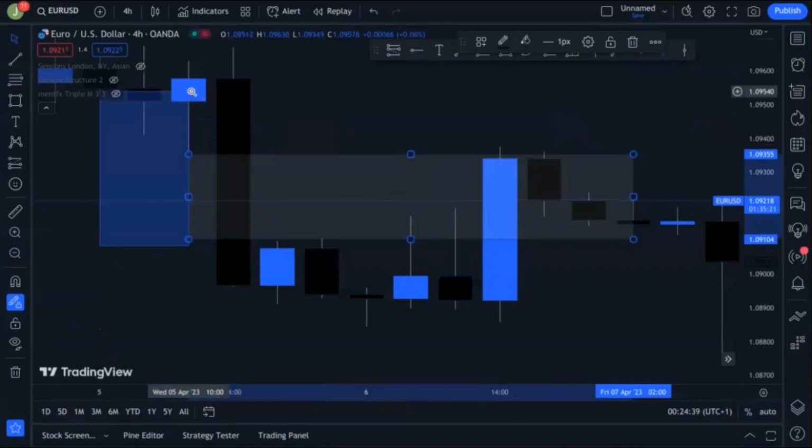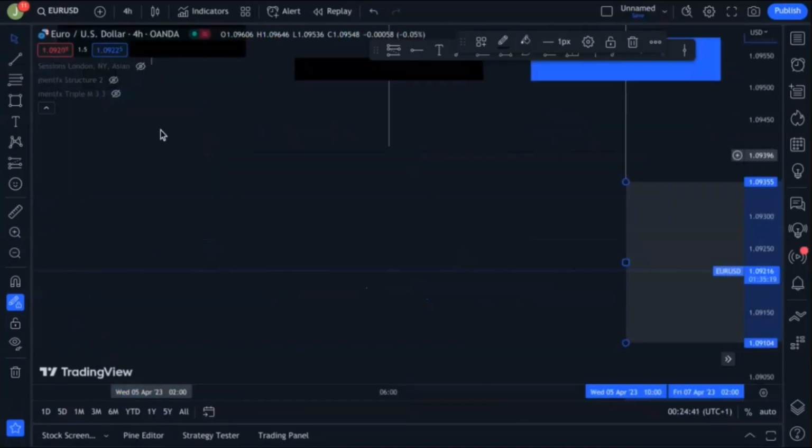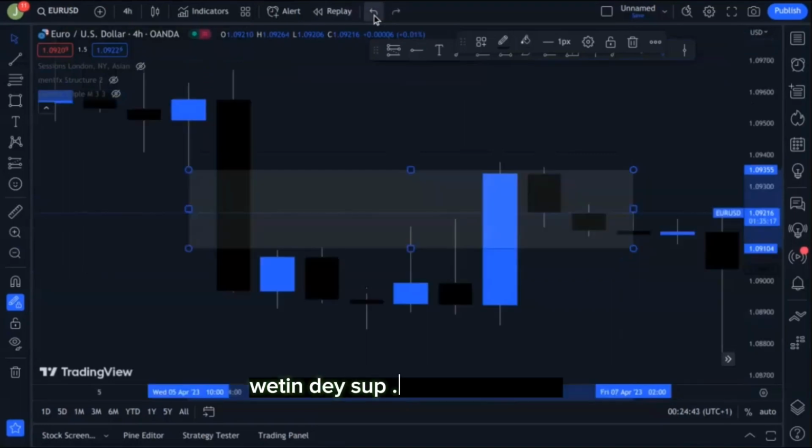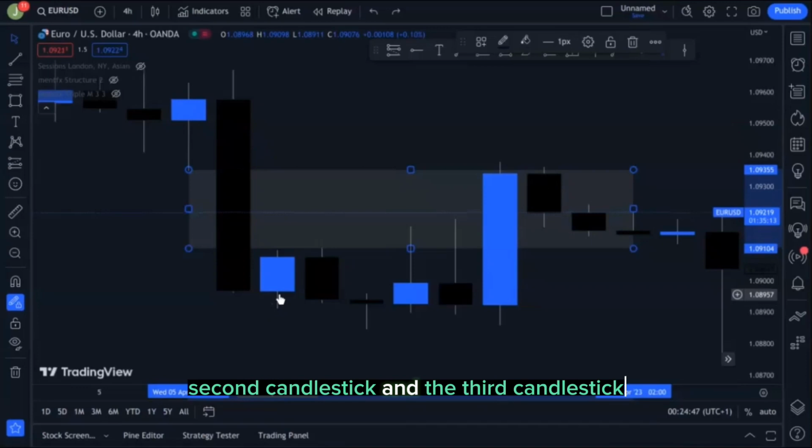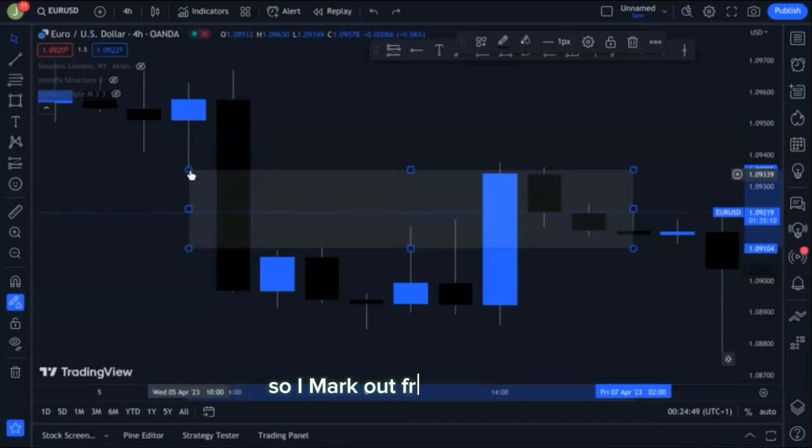Okay, first candlestick, second candlestick, and the third candlestick. So I mark out from this point. So this is the imbalance. You see the market come back to fill it before dropping back down.